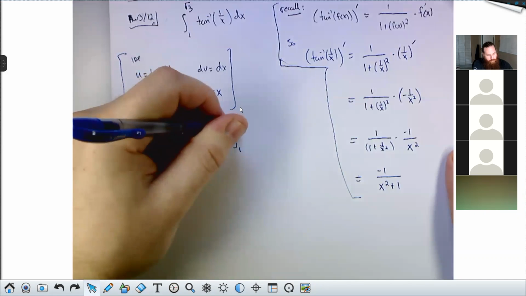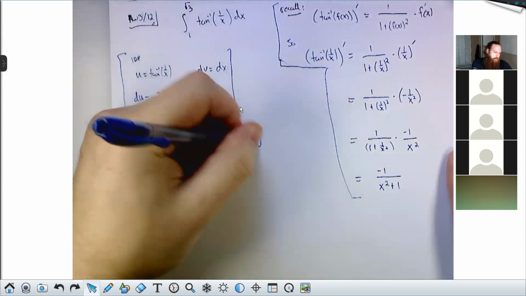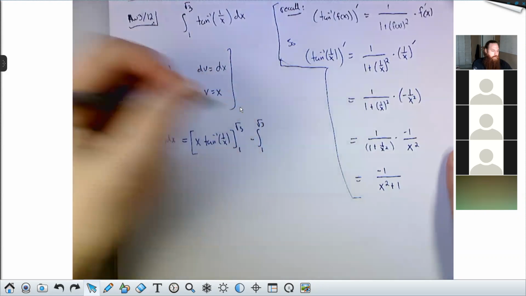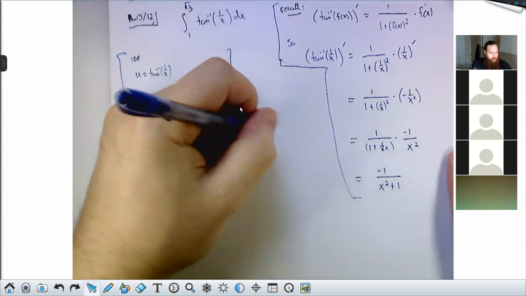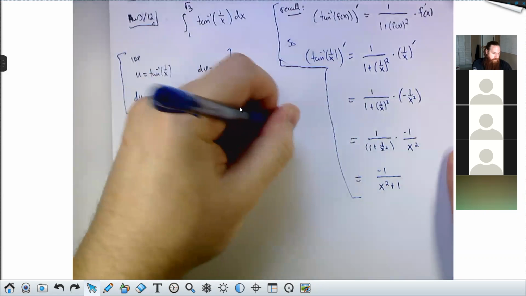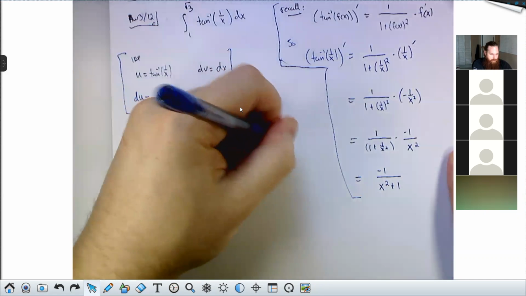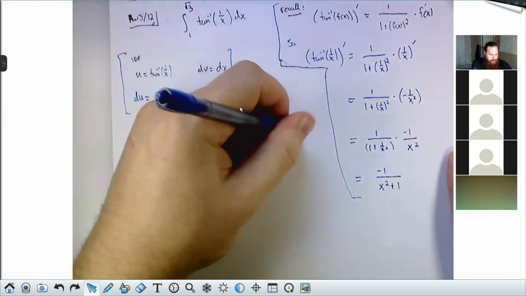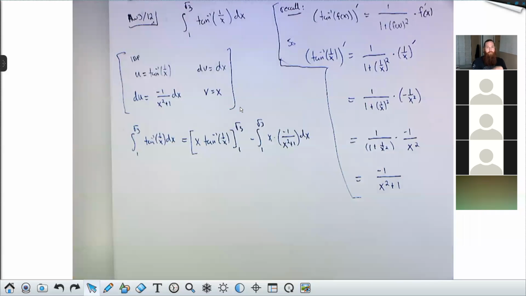Evaluated from 1 to root 3 minus the integral from 1 to root 3 of v times du. That's x times negative 1 over x squared plus 1 dx.